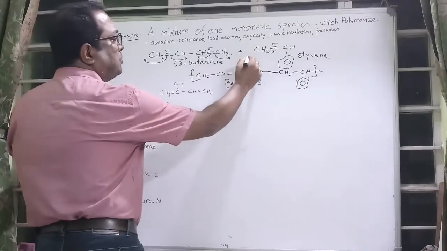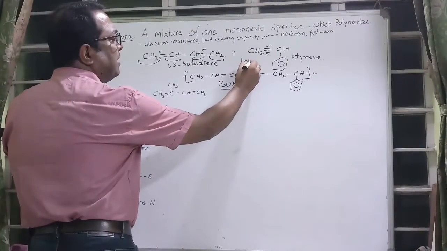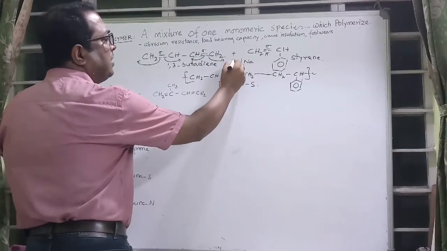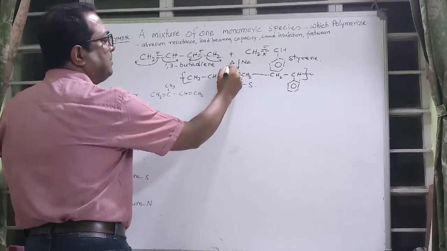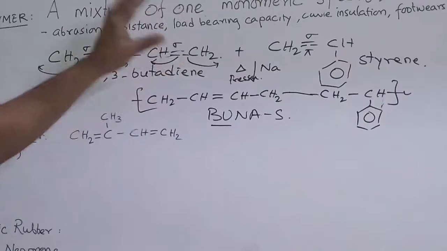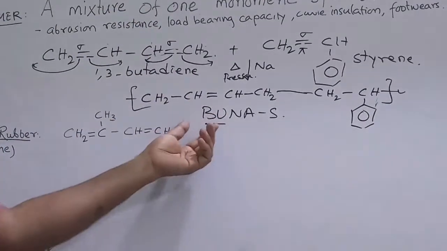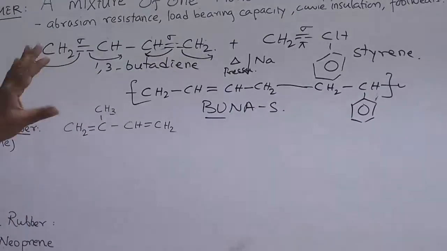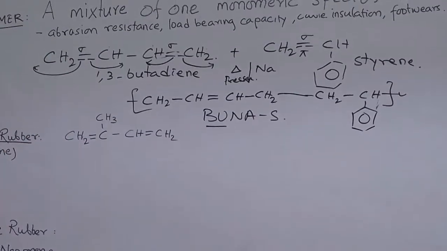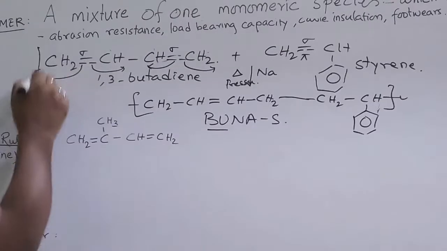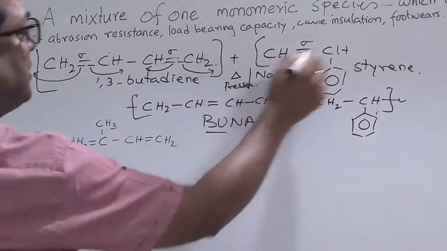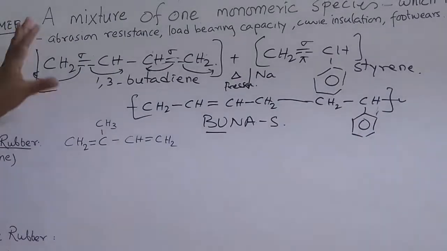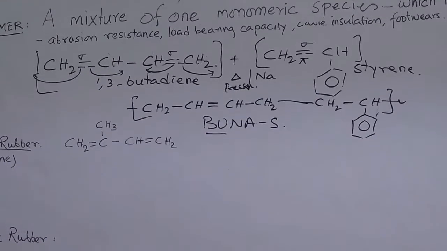So you have to treat it with sodium and give a high temperature and pressure. You get butadiene with sodium, and S is styrene. So student, this is a copolymer, because you are taking one monomer here and the other monomer there. Two monomers make a copolymer.